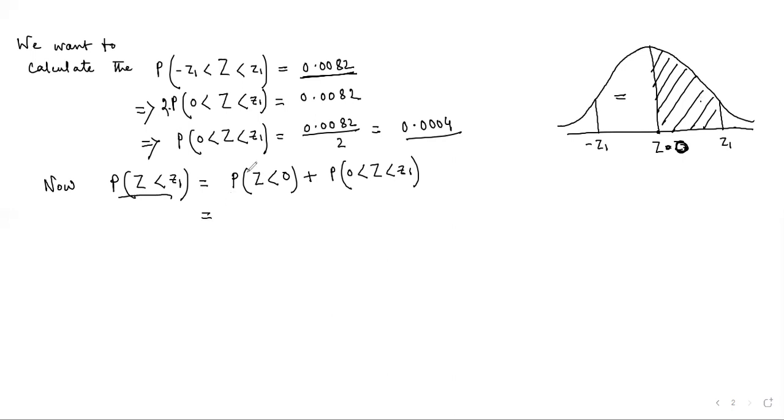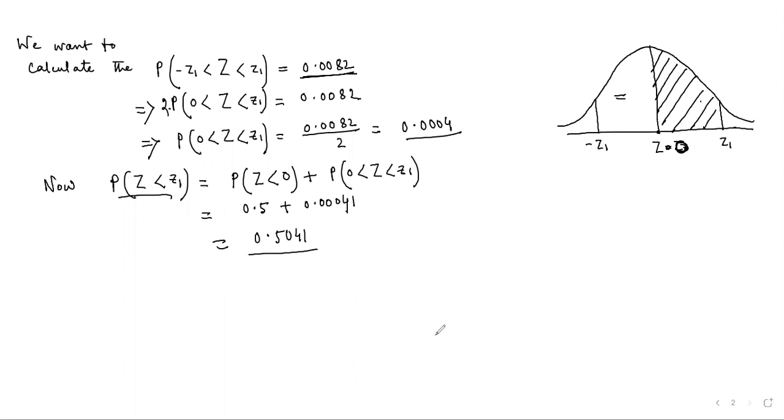Now the probability of z less than 0 is 0.5 because it is the normal curve, and this we have already calculated, it is 0.0041. So we get 0.5041. So this probability has come out.